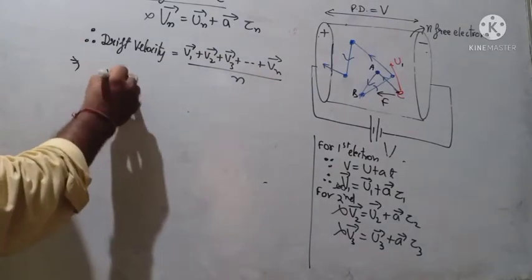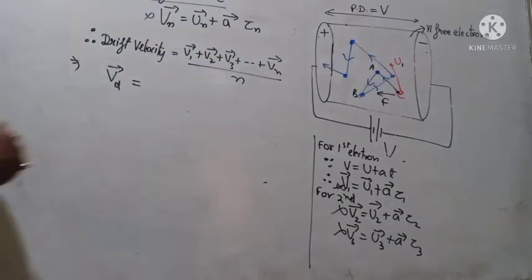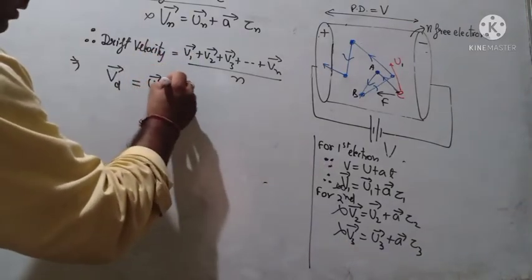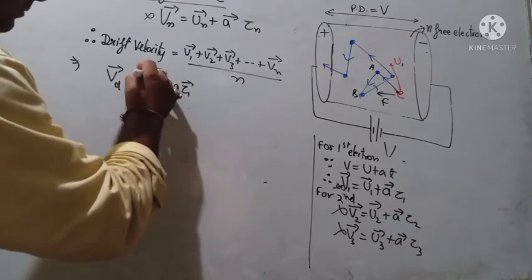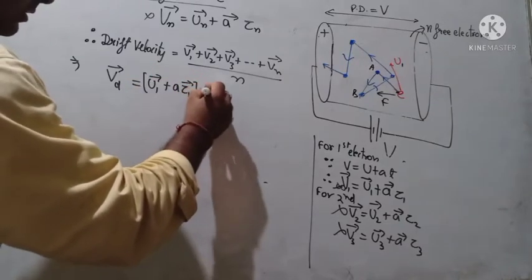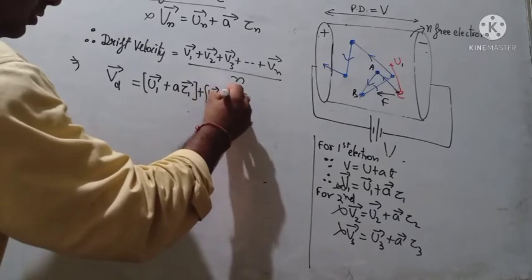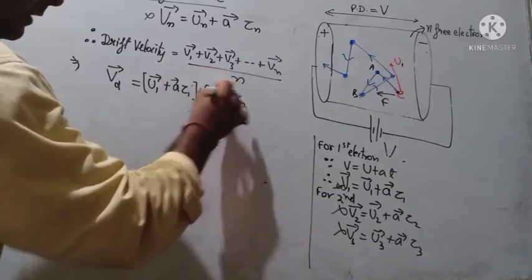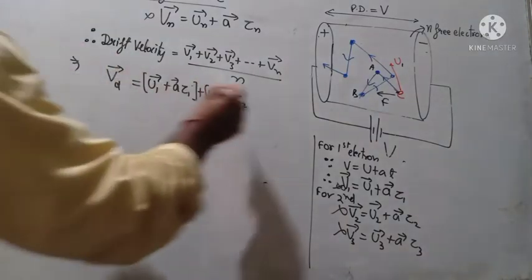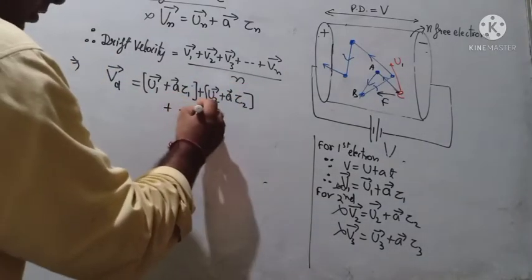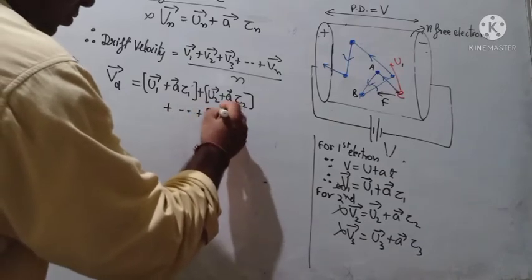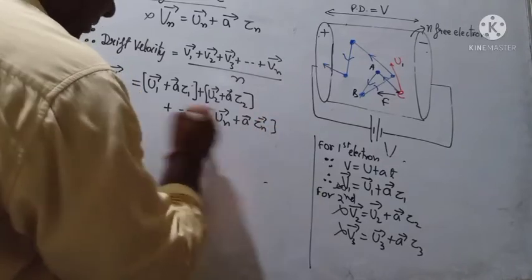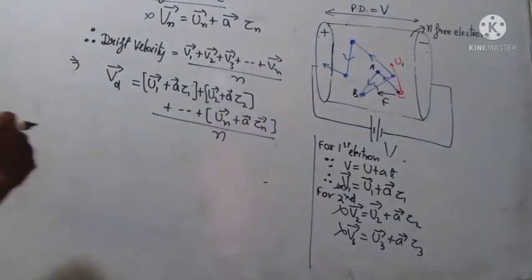Drift velocity is represented by Vd. So Vd is equal to, what is the value of V1? U1 plus A tau 1, plus U2 plus A tau 2. We can put a vector over acceleration, plus dot dot dot Un plus A tau n, upon n.